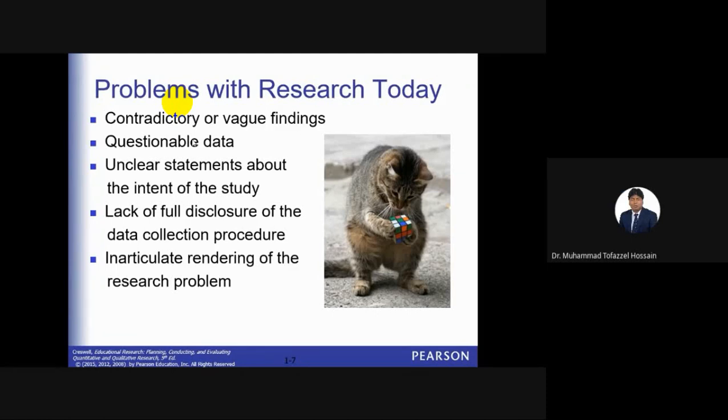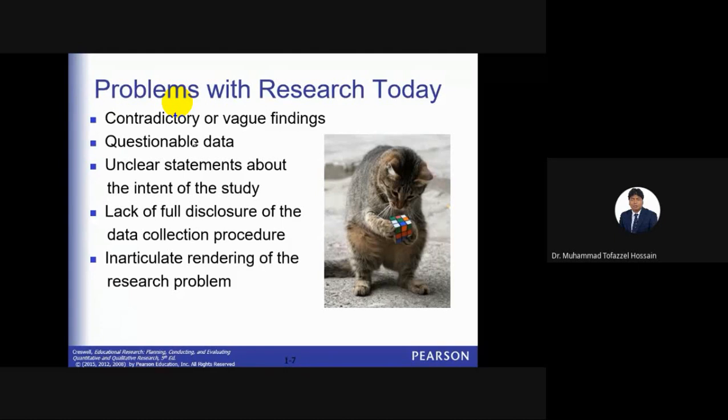Well, then you see unclear statements about the intent of the study, lack of full disclosure of the data collection procedure, then inarticulate rendering of the research problem. So these are the problems with current day research.